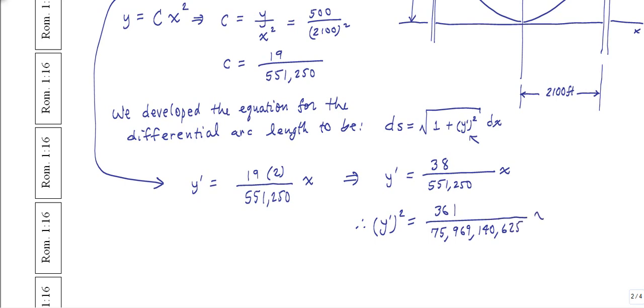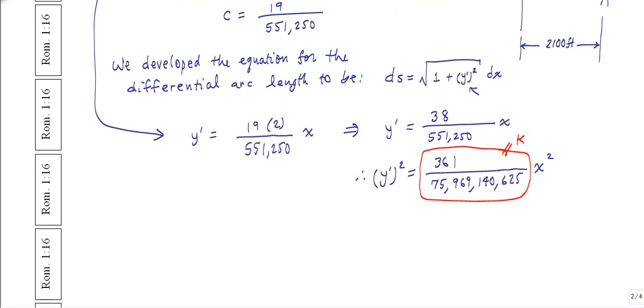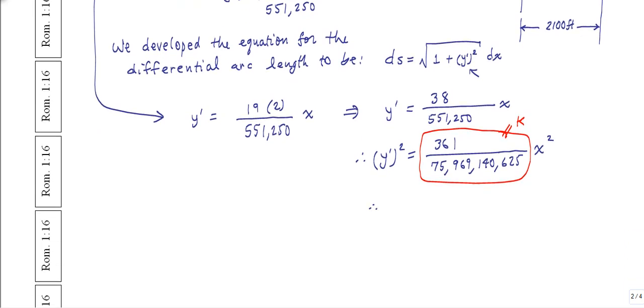Okay, times, of course, x squared when we squared it. Now, just so that I don't have to write this big number over and over again, I'm just going to call all of this here k. Alright, so in fact, when I do the math, I'll just bring along the k, and then it's understood what k is, and we'll plug it in at the end. Okay, so therefore, we'll just say y prime squared is equal to k times x squared.